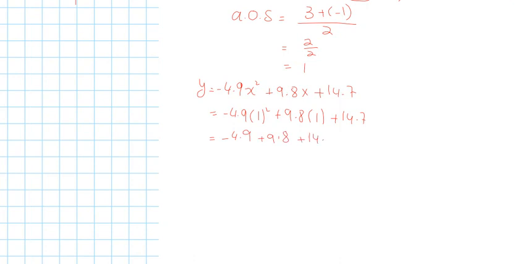If I do 1 squared, that's 1. 1 times negative 4.9, that's still negative 4.9. So that's going to give me 19.6.